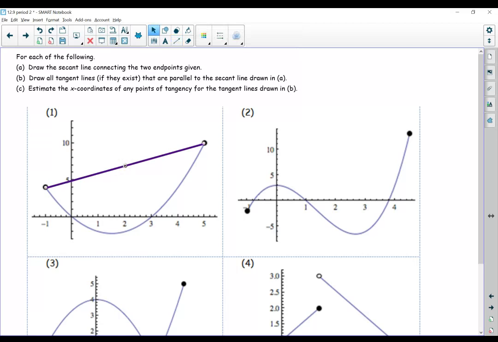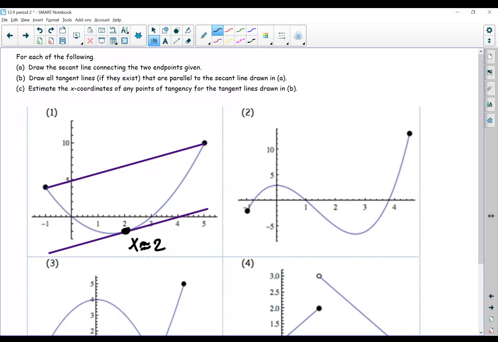Then what I want to do is figure out, is there a tangent line that would be parallel to it? So using my technology, I'm just going to drag a parallel line and estimate, okay, it looks like maybe right there, the tangent line would be parallel to the secant line. And then I'm going to say x is approximately 2.